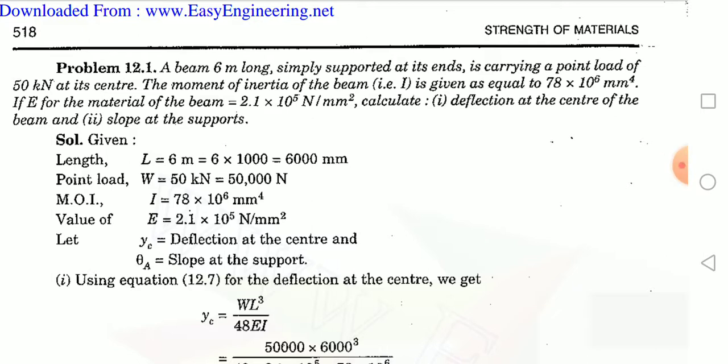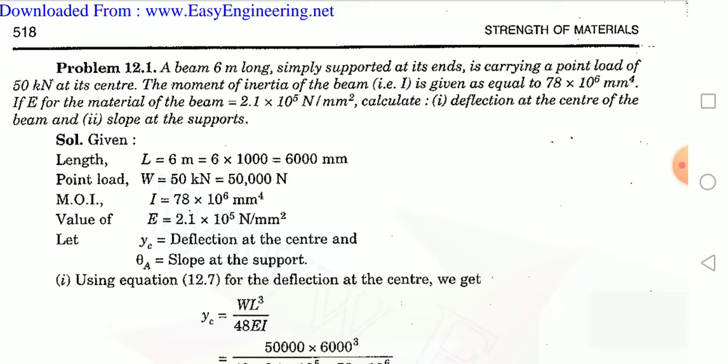The moment of inertia of the beam, I, is given as 78 into 10 power 6 millimeter power 4, and E for the material of the beam equals 2.1 into 10 power 5 Newton per millimeter squared. Calculate one, the deflection at the center of the beam, and two, the slope at the supports. So in this problem, length L is given as 6 meter, that is 6000 mm.